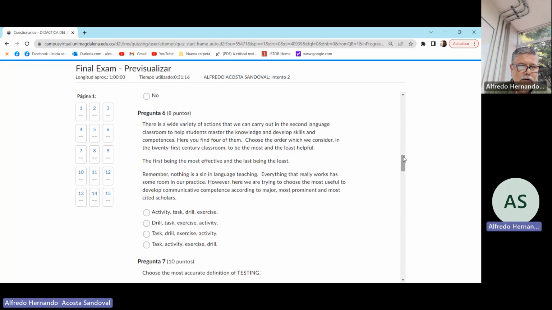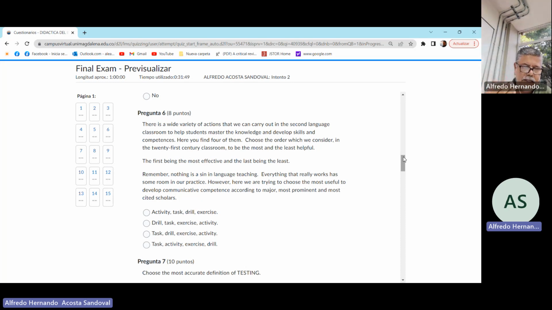Okay, there is a wide variety of actions we can carry out in the second language classroom to help students master the knowledge and develop skills and competences. But here we are talking about three tools or techniques to develop skills, competences in students and develop proficiency. Those are very general terms, and there are many sub-activities that you can use.